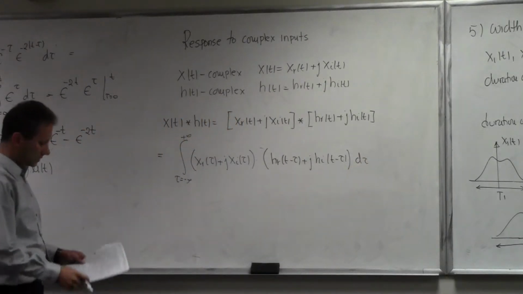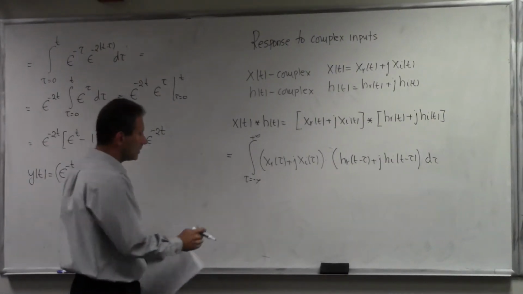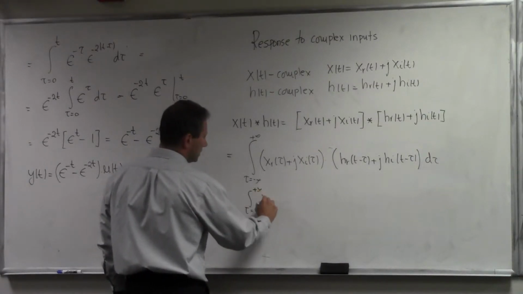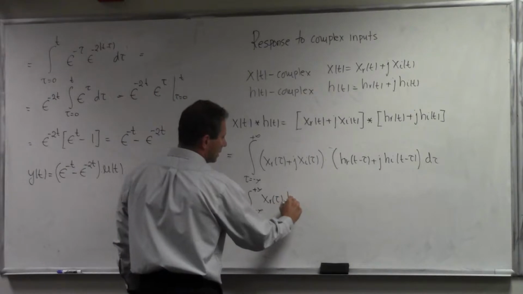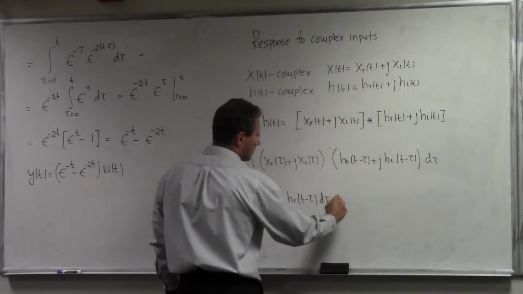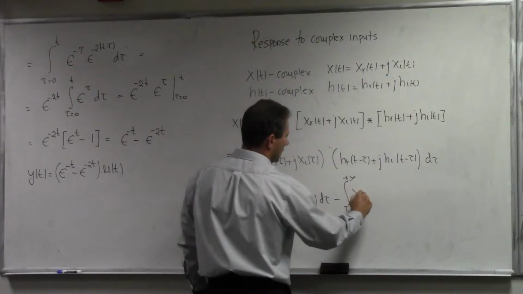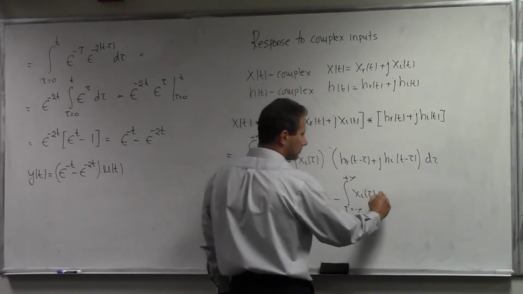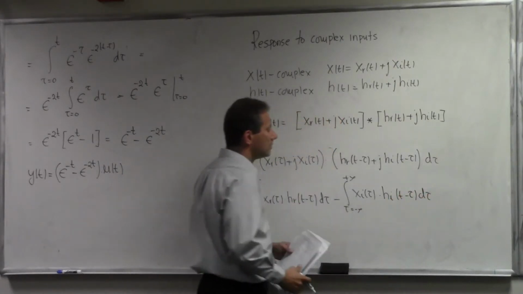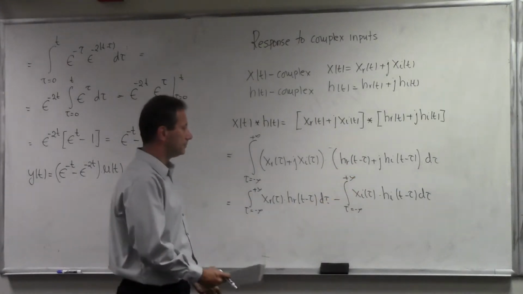And then you can see that as a result of this, you end up with 4 terms that look like this. The first term is integral tau goes from minus infinity to plus infinity, x real of tau, h real of t minus tau, d tau, minus integral tau goes from minus infinity to plus infinity, x imaginary of tau times h imaginary of t minus tau, d tau. Where is the minus from? J times j gives me this minus, right?